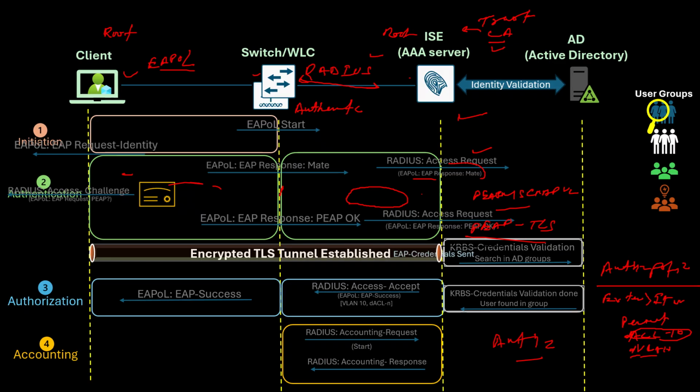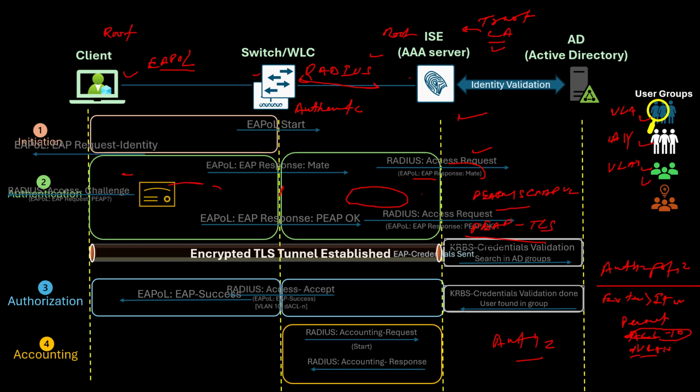This is how you manage access control for different types of users, based on what they need. For example, if there are four different groups, all the groups can be assigned to different VLANs based on their privileges. This way we are controlling role-based access as well.